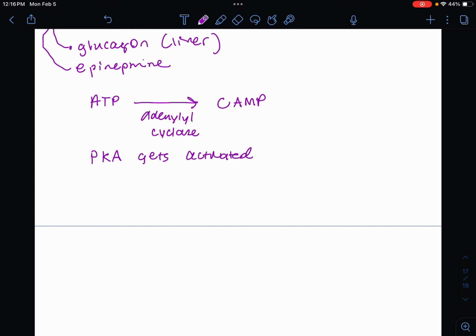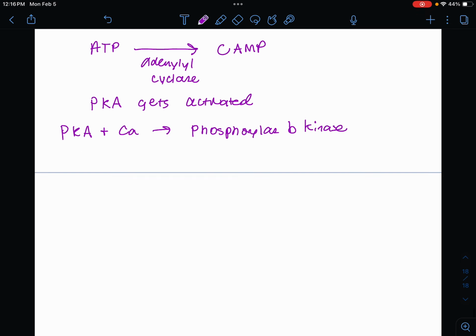Okay, so PKA plus calcium will then activate our phosphorylase B kinase. These two together will activate a kinase known as phosphorylase B kinase. When phosphorylase B kinase is activated, this is going to activate the glycogen phosphorylase B into glycogen phosphorylase A.